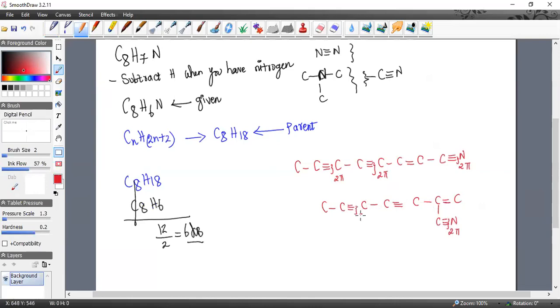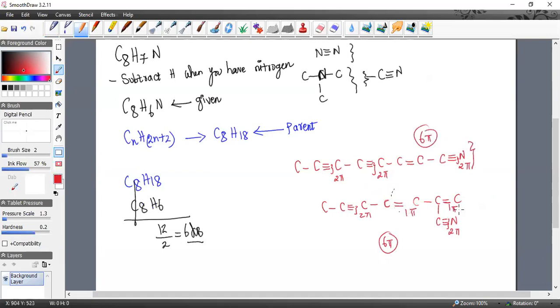So that'll be 2 pi. No, I'll just leave one of them as just a double bond. Okay, so that's 1 pi, 4 pi, and there's 1 pi here. I've not filled the hydrogens in, but you see I got the 6 pi's back.